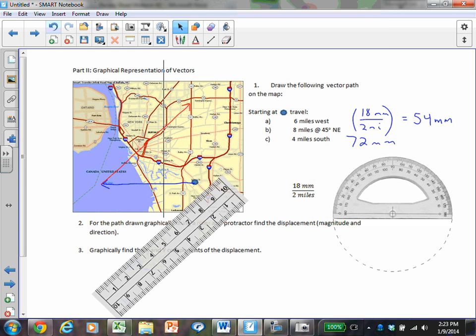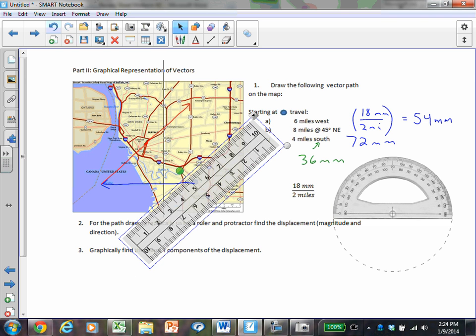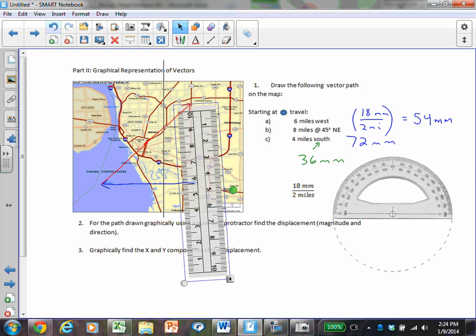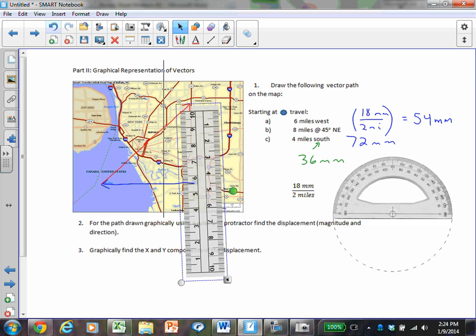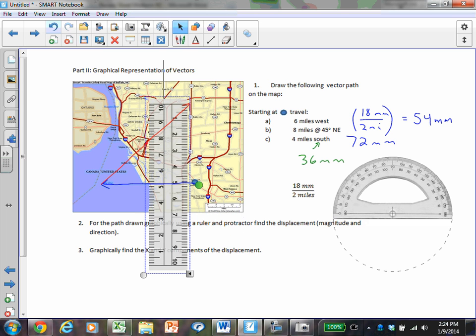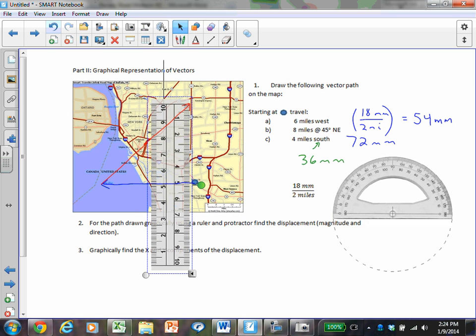A little off. 4 miles south would be what? 4 miles south is 36 millimeters, right? Or 3.6.